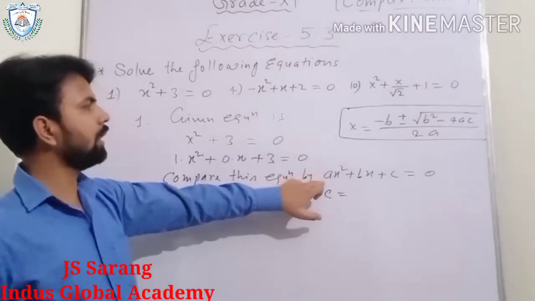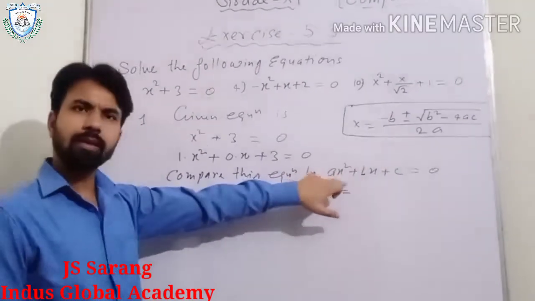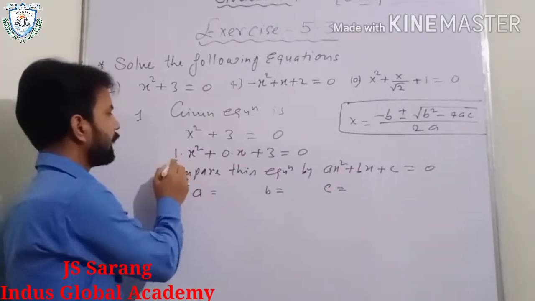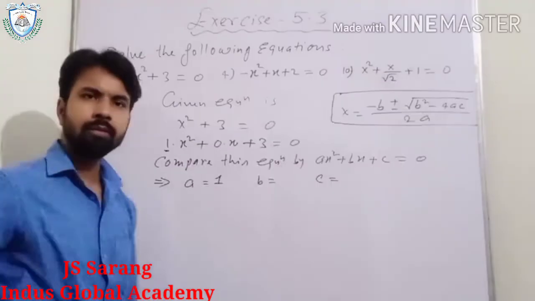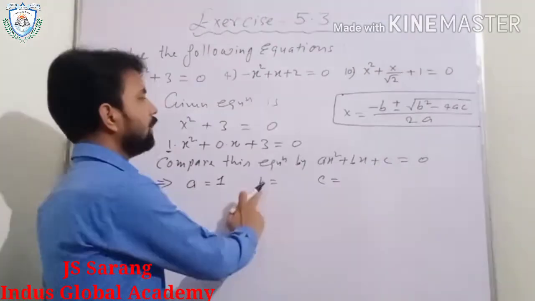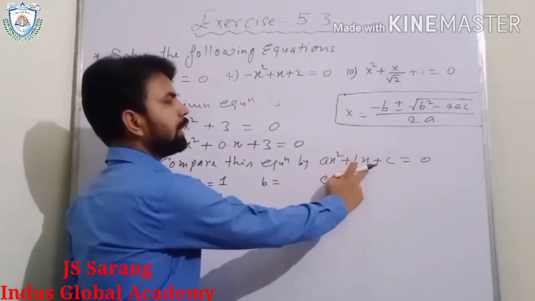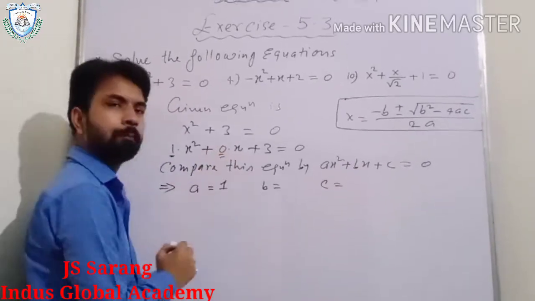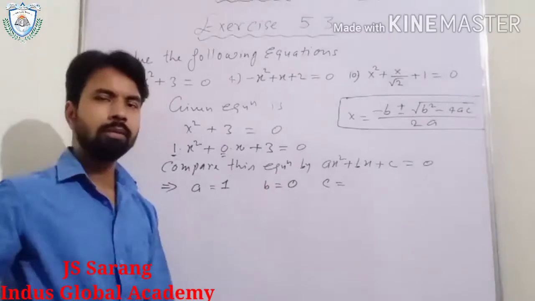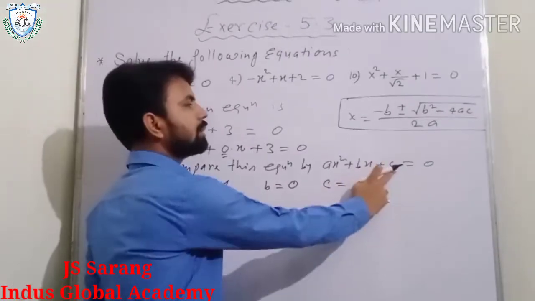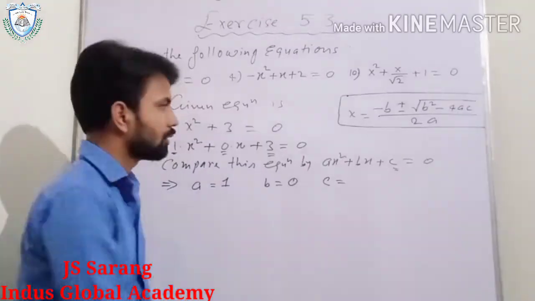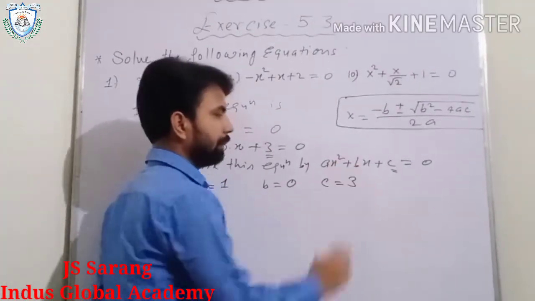But what is a here? A is the coefficient of x square. So what is the coefficient of x square in this equation? That is 1. So we have to put here 1. Now b. What is b? B is the coefficient of x. So what is the coefficient of x here? That is 0. So we have to put here 0. And c. C is the constant term. So what is the constant term here? That is 3. So we have to put here 3.